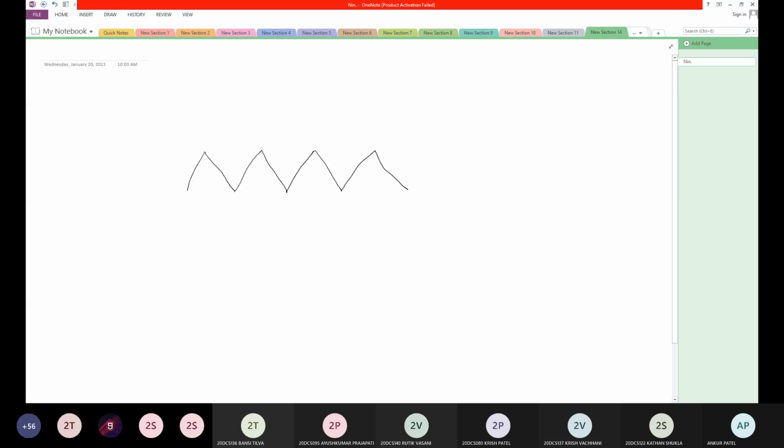Okay, I'm drawing the three phase waveform. I'm drawing six triangles, joining the upper part. I'm showing you this sinusoidal. Now join the bottom part.